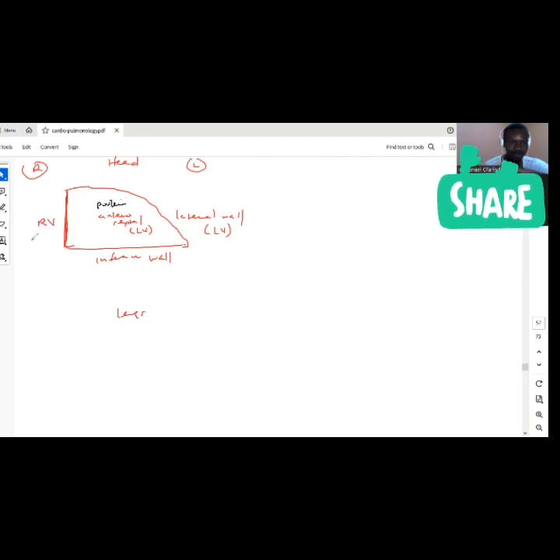Right coronary artery supplies, of course, the right ventricle. The inferior wall is supplied by the right coronary artery branch called the posterior descending artery. The posterior wall is also typically supplied by a right coronary artery branch, the PDA.